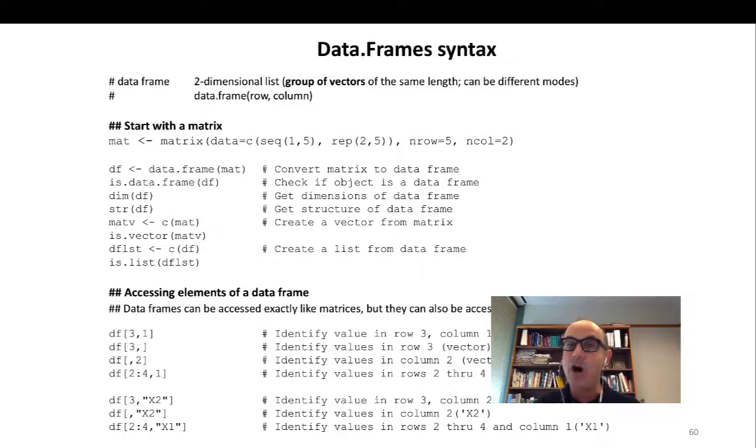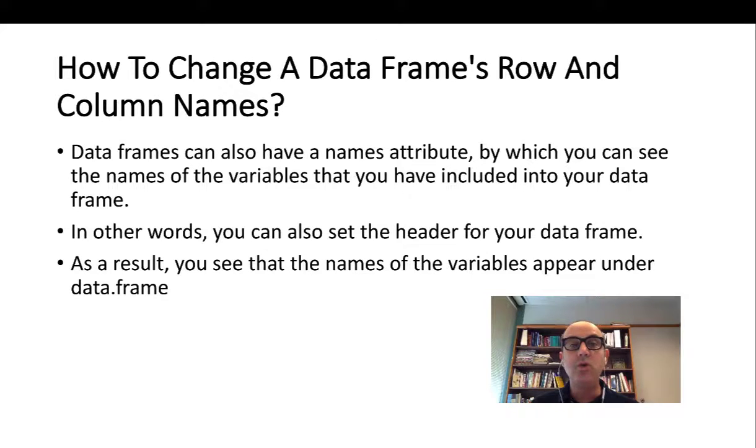The syntax of data.frame takes vectors and values that we can create. We can create a list inside the data frame if we want to. We can create a vector from the matrix inside the data frame. So it is a very powerful tool in R.